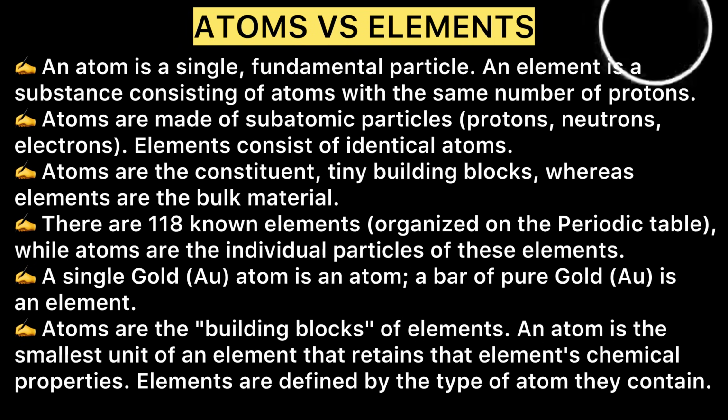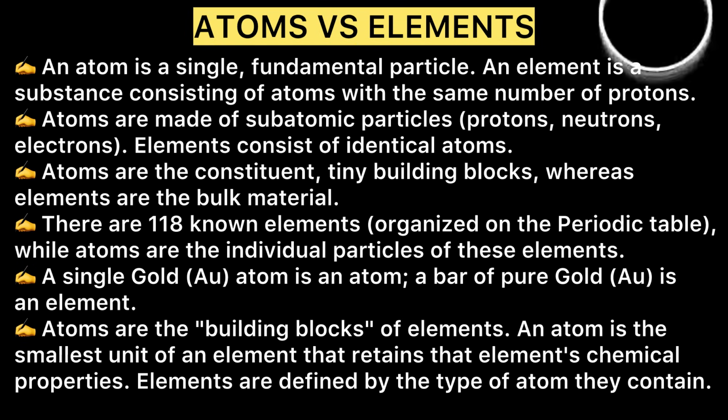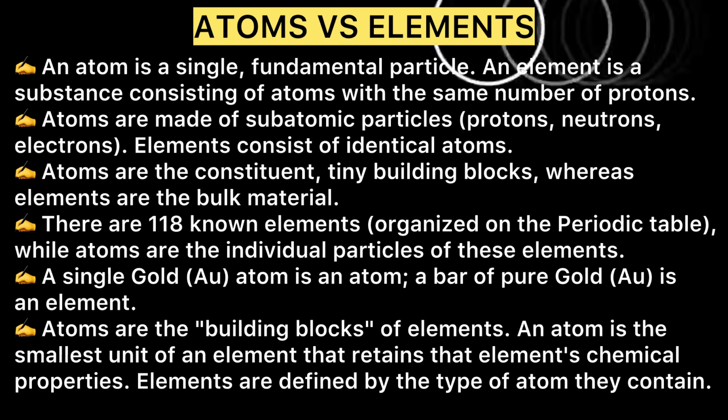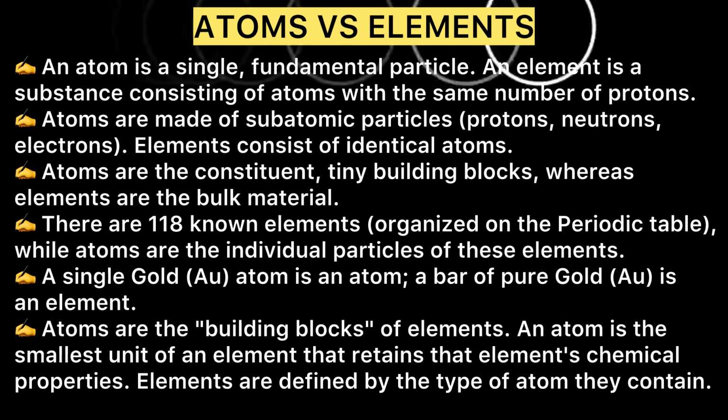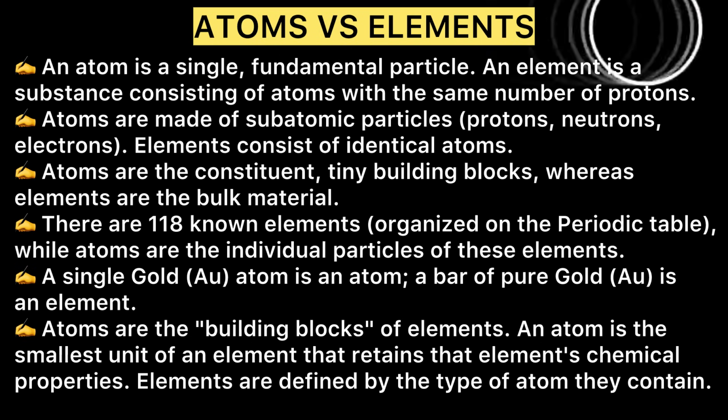Now, atoms are made up of subatomic particles like protons, neutrons, electrons, while elements consist of identical atoms. So what I'm trying to say in essence is that elements are made up of atoms, but atoms are made up of subatomic particles like protons, neutrons, electrons. So this tells you that an element contains atoms which contain protons, neutrons, and electrons. So element is like the bigger one.